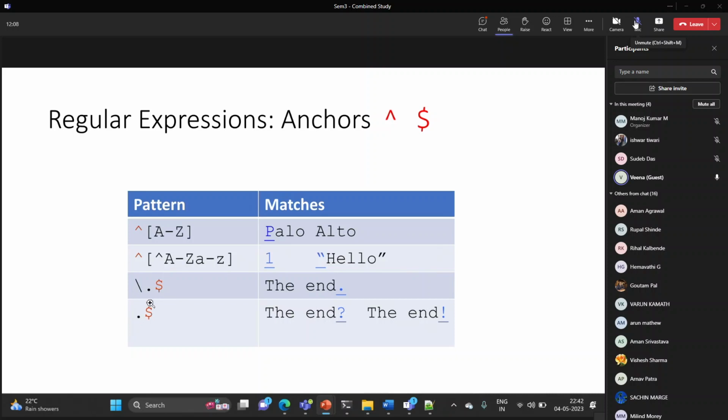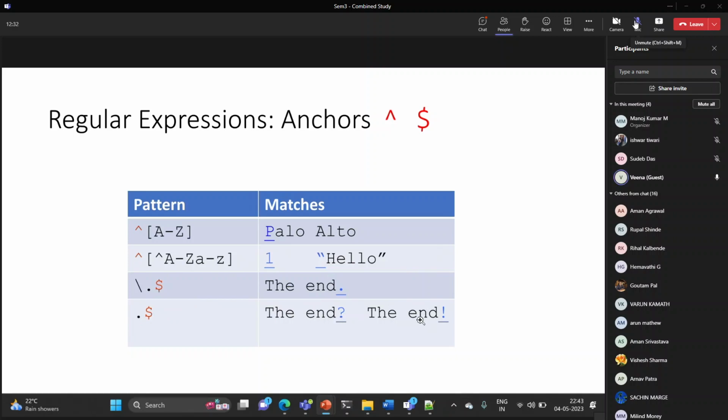Similarly, the dollar sign, when it comes, it is showing the end. End of that particular statement should be a dot. In this case, it's an escape character, so the dot is mandatory. In the second case, as we told before, dot can take any value.